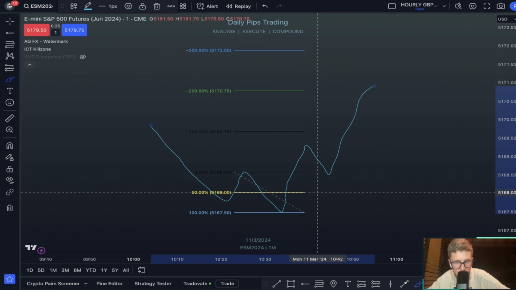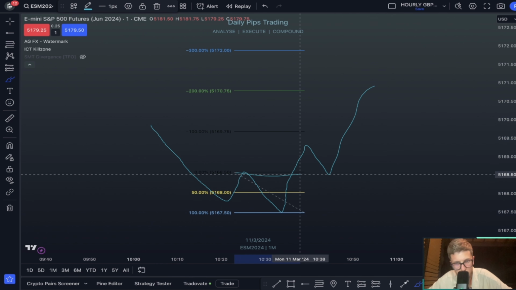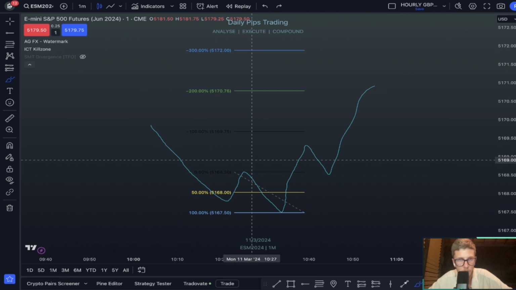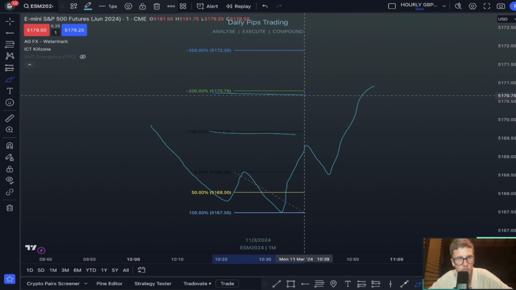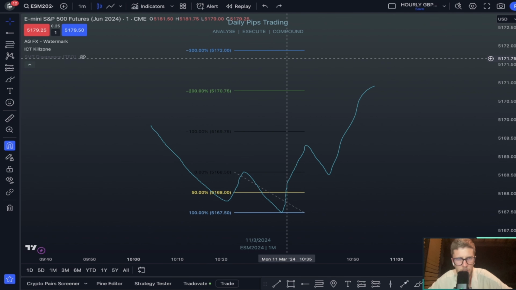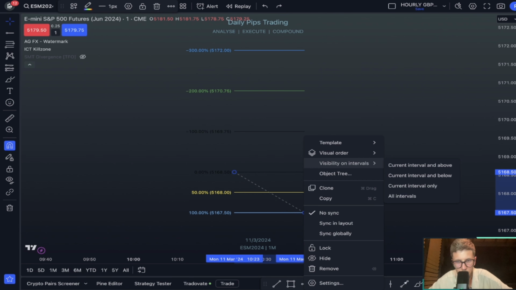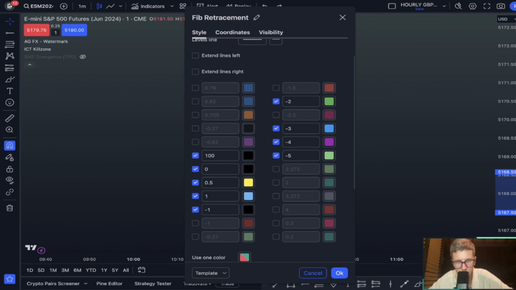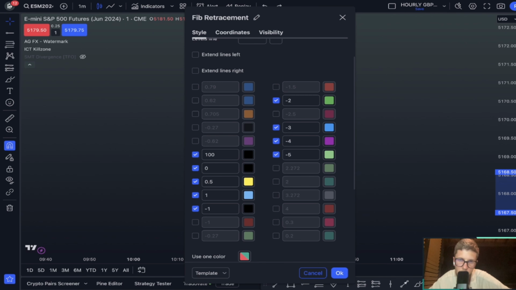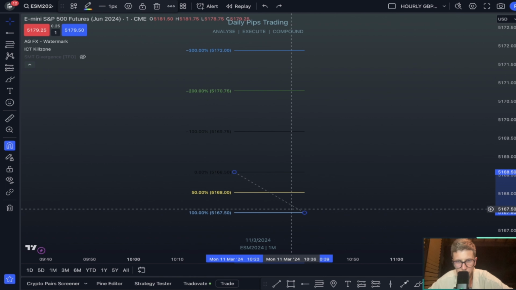So if I'm entering a trade which has a range, a predetermined range, I want to see where I take the initial target, 2 standard deviations, 3, and I think it goes even to 10 or something like that. So this is a fun fib, and fib levels for this are found here. Okay, so it goes to 5 standard deviations. So take a screenshot of this, make your own adjustments, feel free.